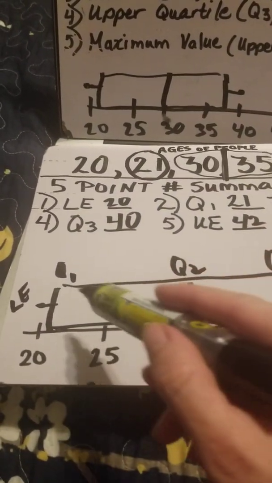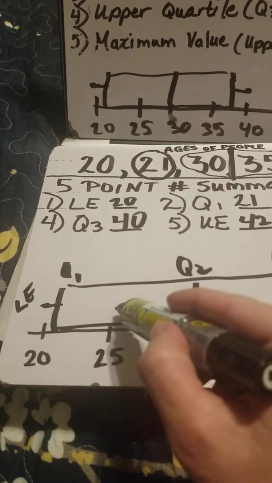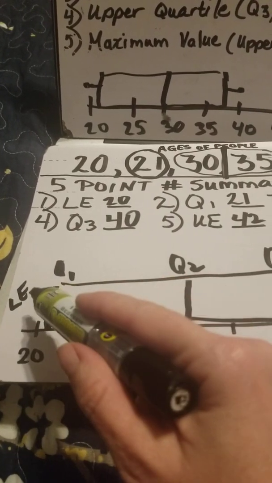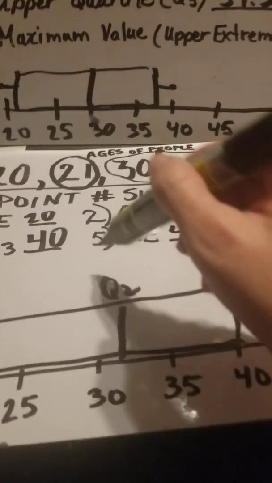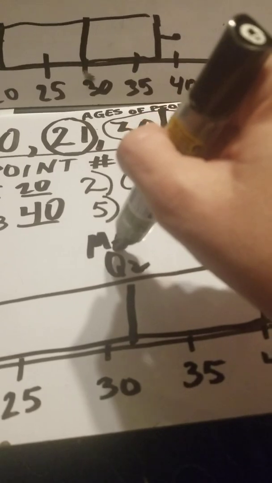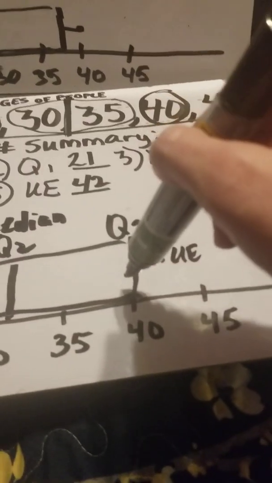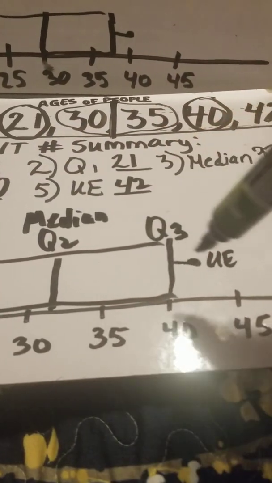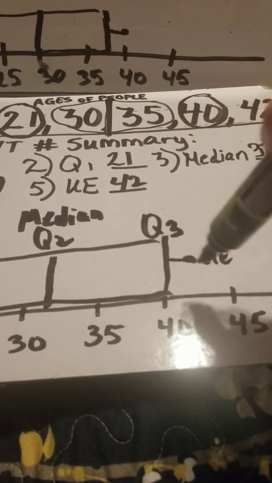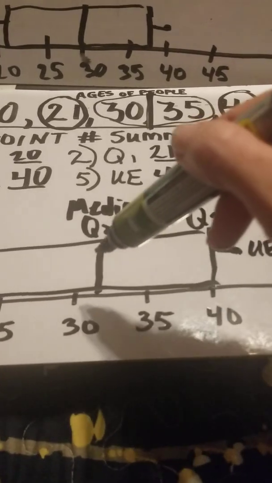And everything is 25%. So this is 25% of your data, and this is 25% of your data, because 25 plus 25 is 50% of your data, which is your median. Then this would be another 25%, so that's 75% of the data. And from here to here is another 25. So each section represents 25% of your data.